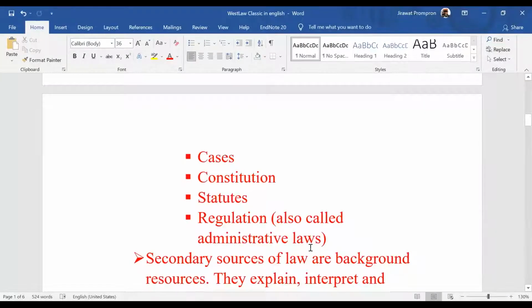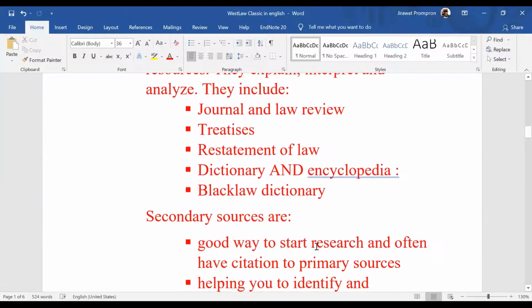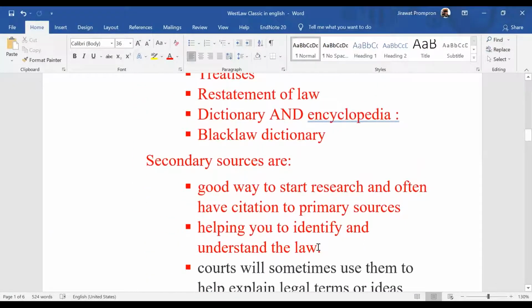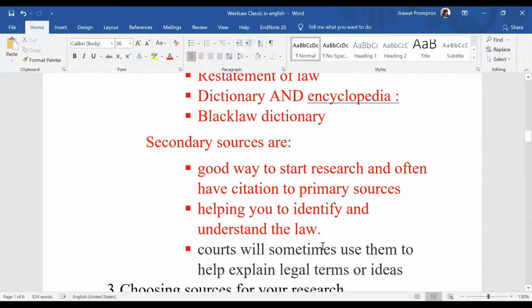And you look at that, the primary source. Why do we start with the secondary source first? This is the lesson. It is a good way to start research, and it often has citations to primary sources. So we will show you.